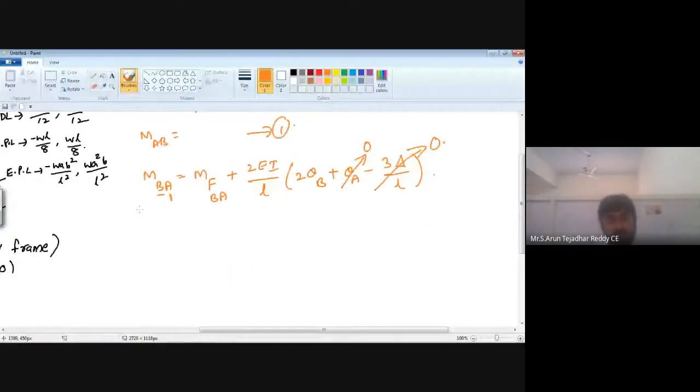Now, substitute values in this equation, then you will get number 2. That's it.